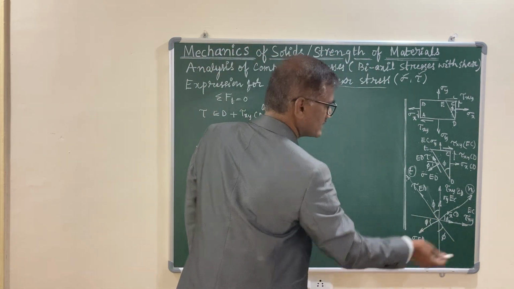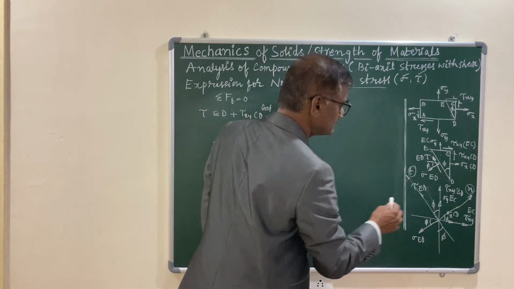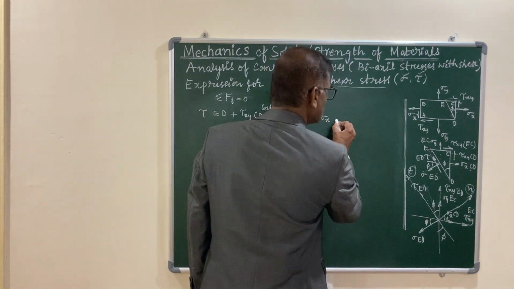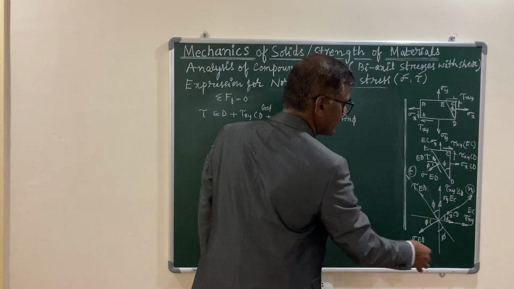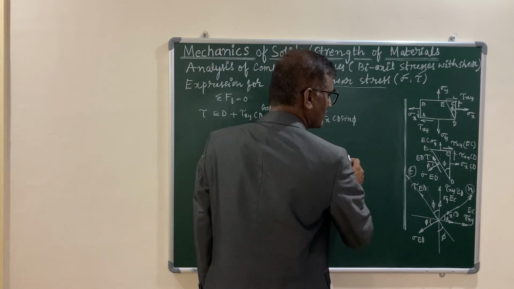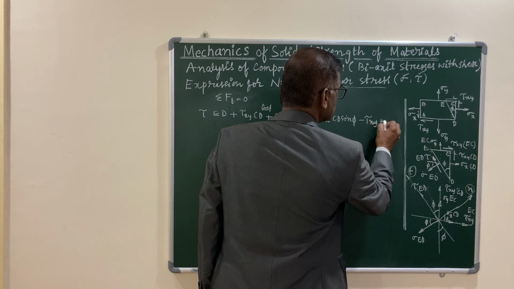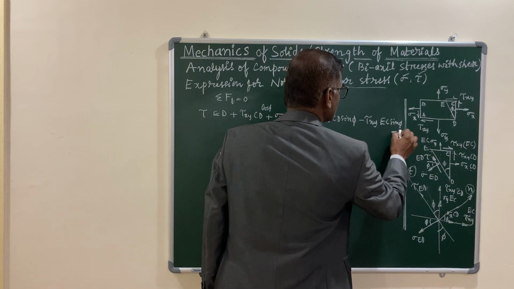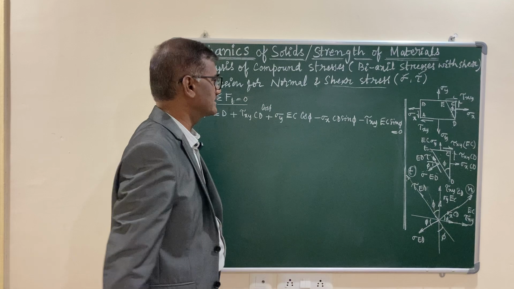So that becomes minus, because it is the other side of this tangential direction, minus, I am writing it as sigma x into CD sine phi, because the component is minus and it is sine component, minus tau xy into EC sine phi is equal to 0.